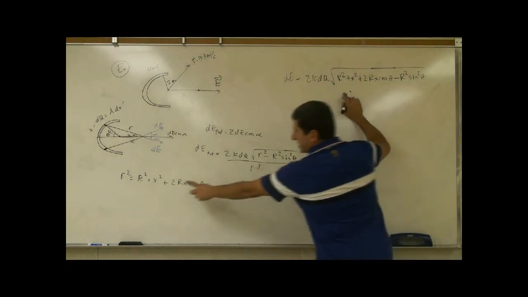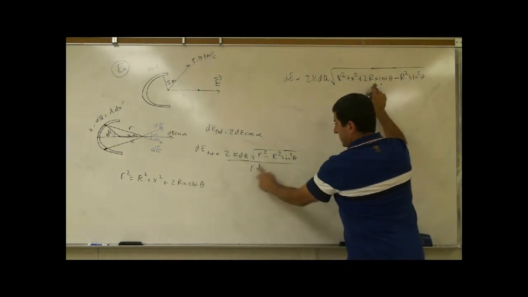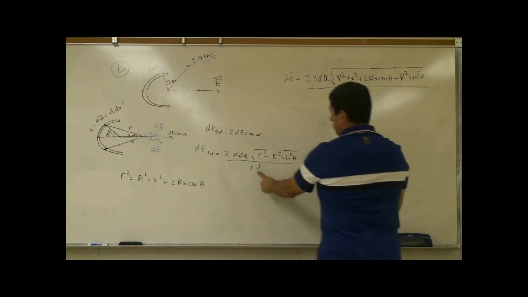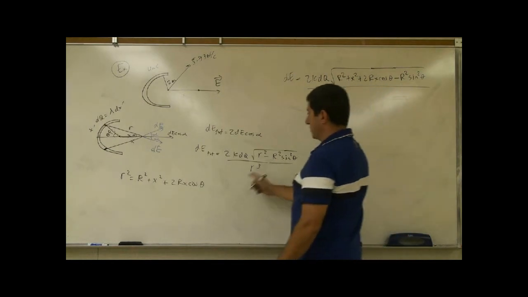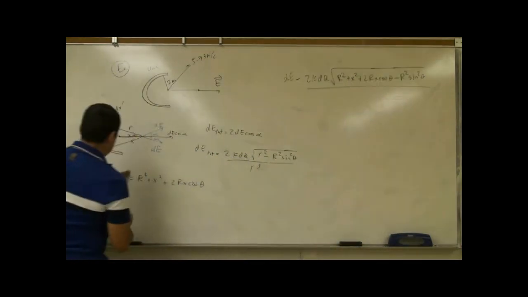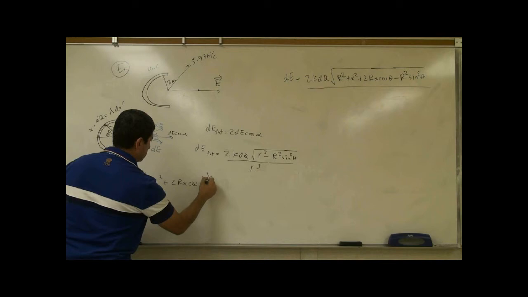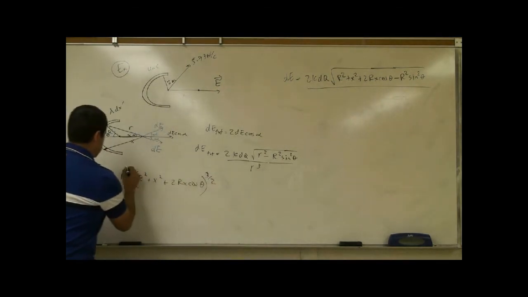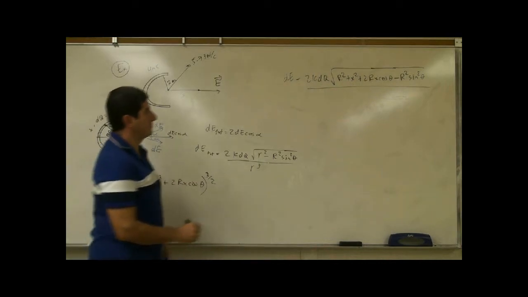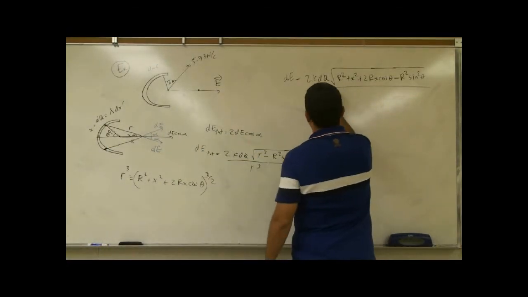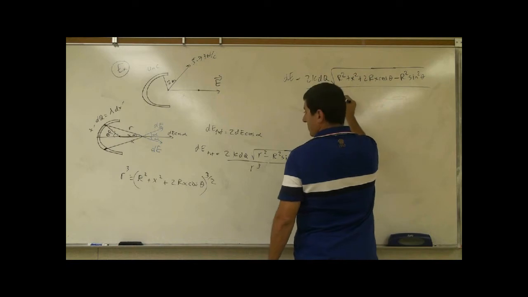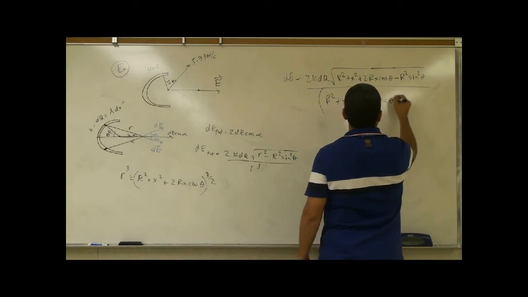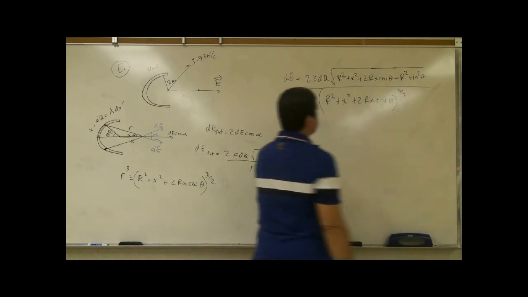So this r squared is coming from here, and this one is coming from here. And then on the bottom you have r cubed. And r cubed is basically what? You square root this, and then you want to cube it, it'll be 3/2 power. So it'll be r squared plus x squared plus 2rx cosine theta to the 3/2 power.